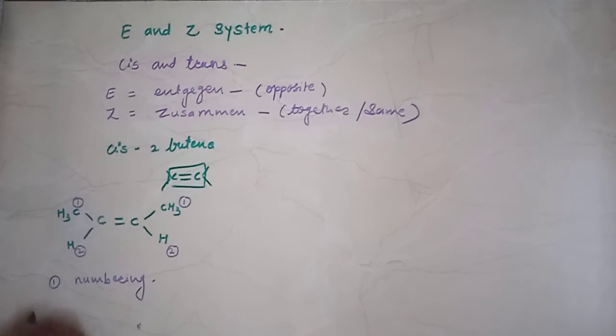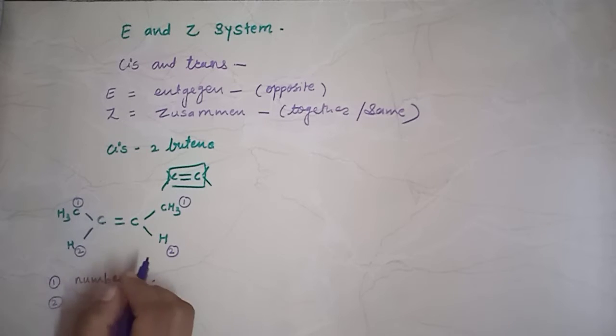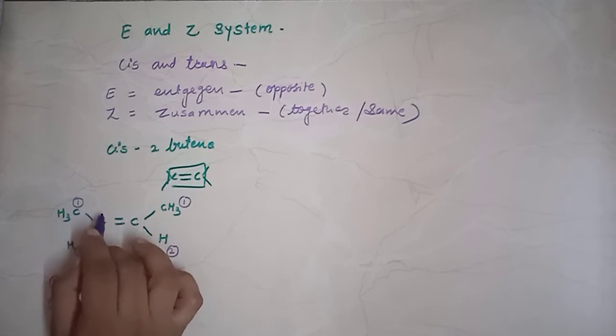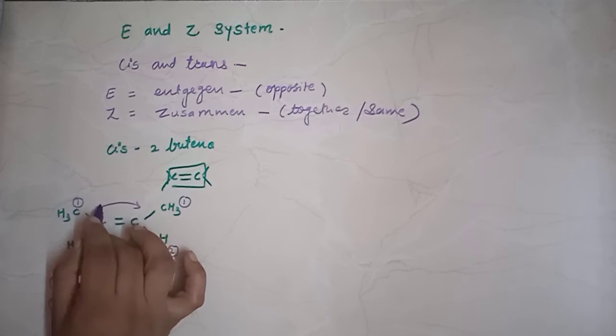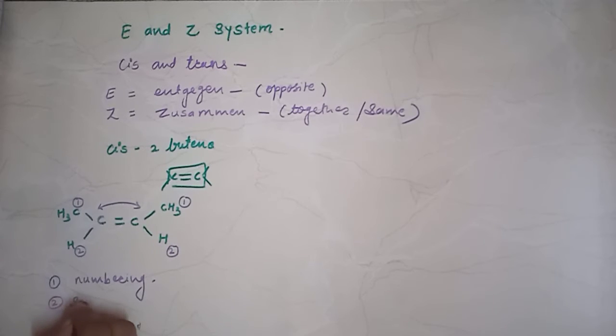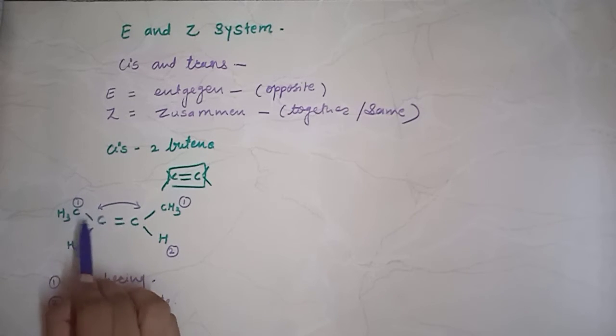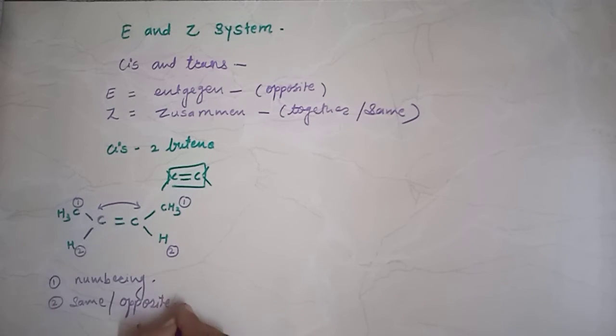Then consider whether the groups present are on the opposite or the same side of the carbon double bond. When we give numbering, the second point is whether the same or opposite groups are on the same side of the double bond or on opposite sides.